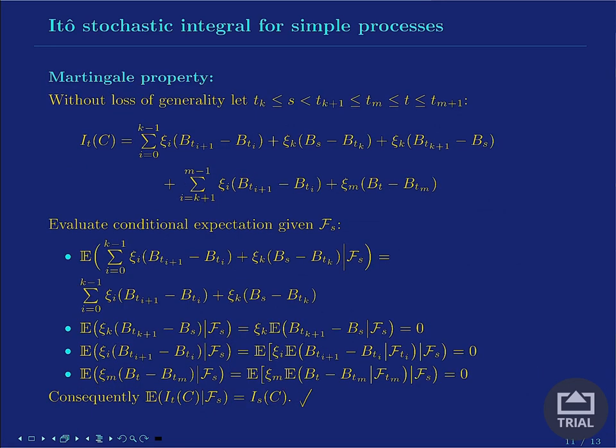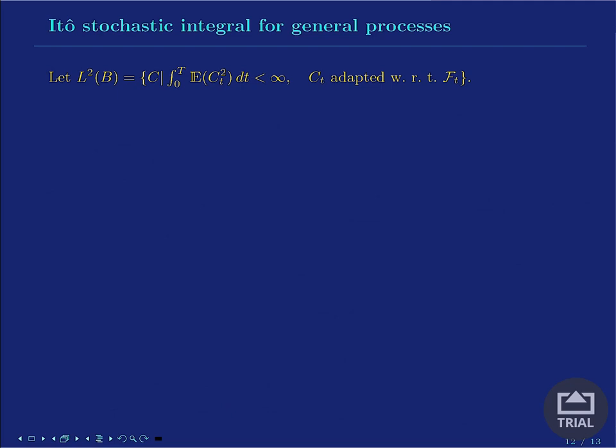We can actually take that as a defining element and then define the Ito stochastic integral for all functions c for which this expression stays finite and ct is adapted with respect to the Brownian motion sigma algebra, or filtration of the Brownian motion. So we have this space which is an L2 space in the sense that we look here at second moments.